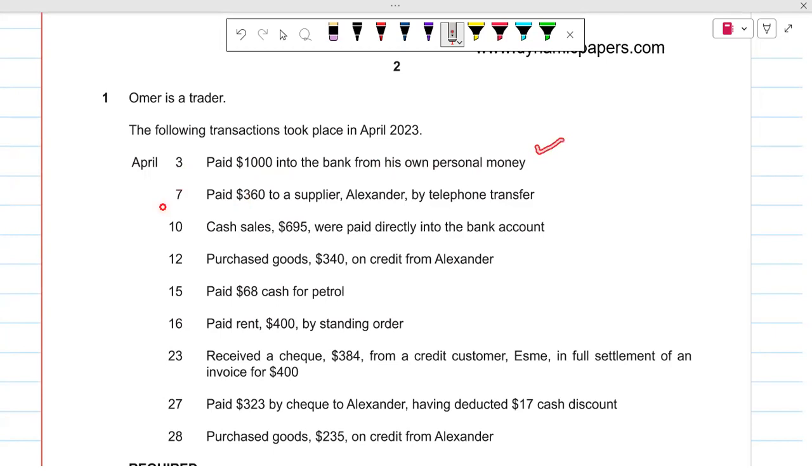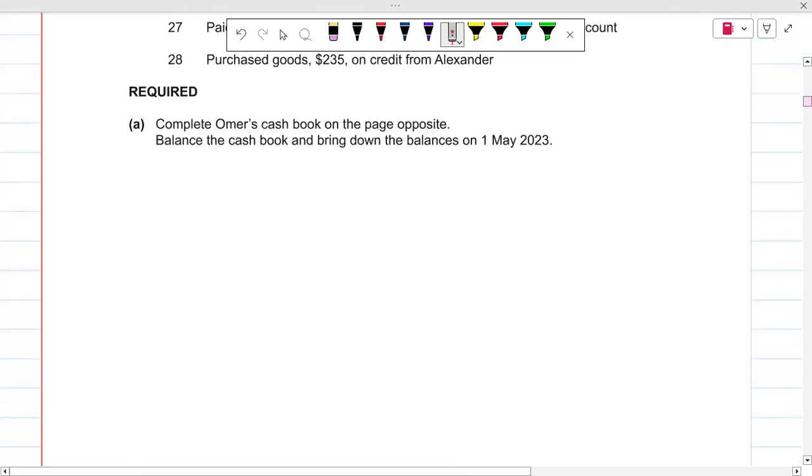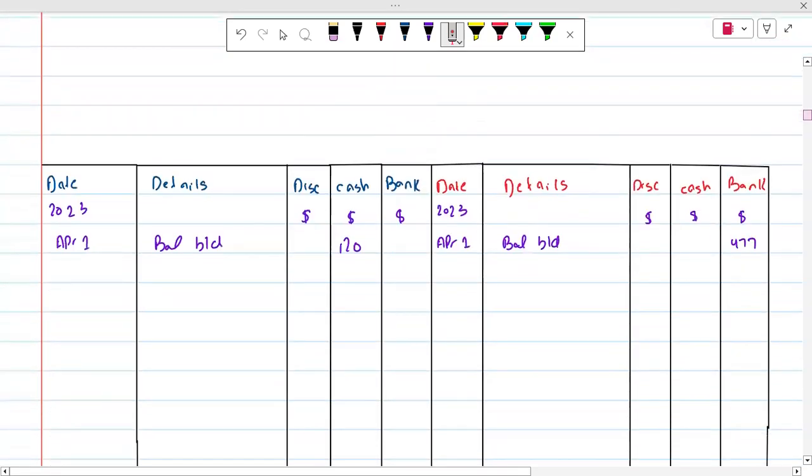April 7, I think we should make the cash book while reading the question. There is a balance b/d for 1st April, and balance b/d in bank, which is $477.